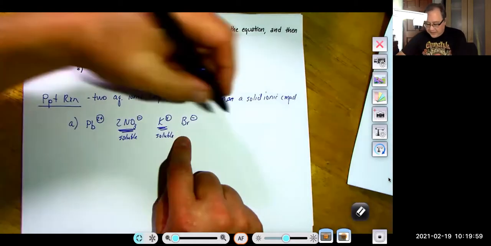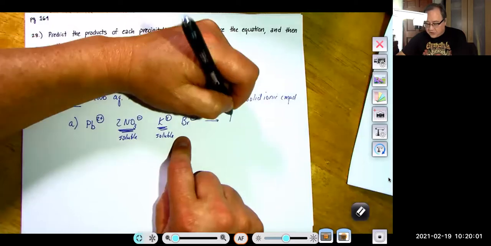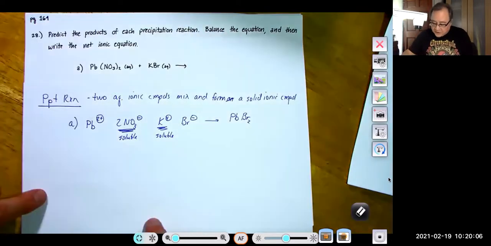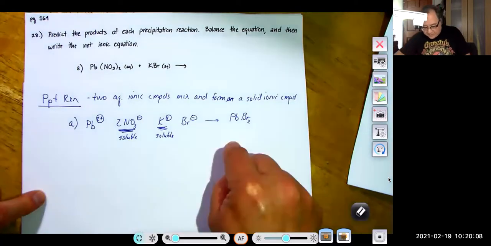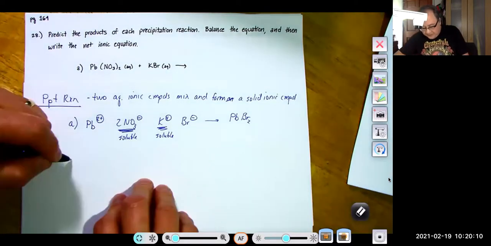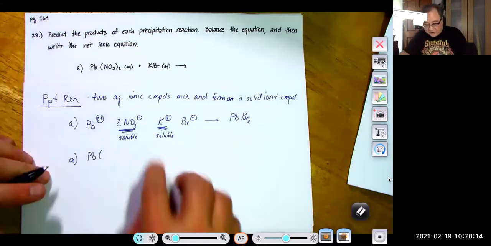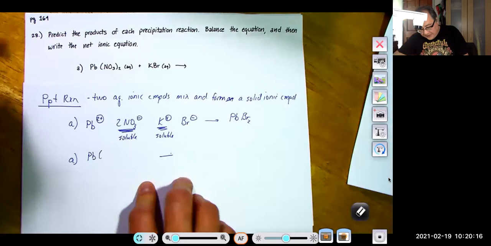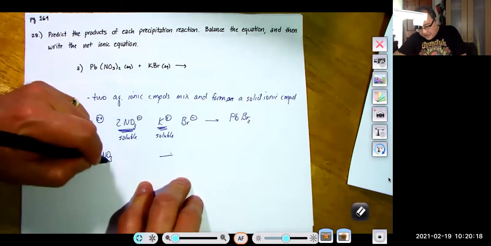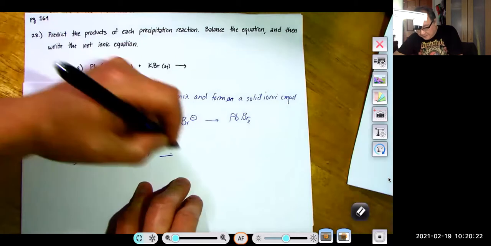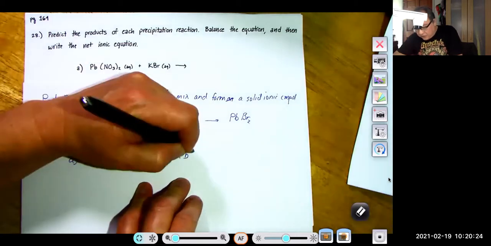And the answer would be PbBr2. Remember this switch and simplify? So that's your solid. And so our answer for A would be Pb(NO3)2 plus KBr makes PbBr2 solid.